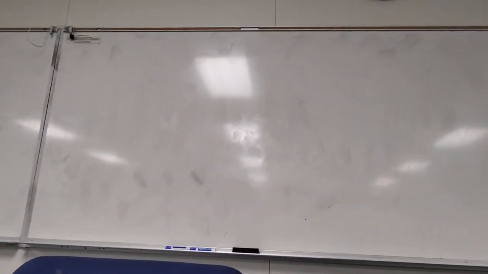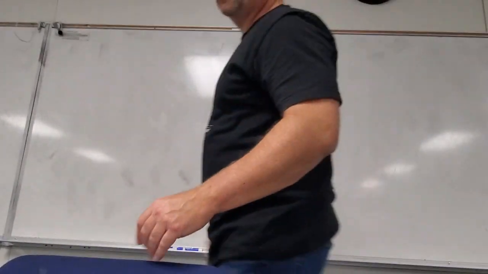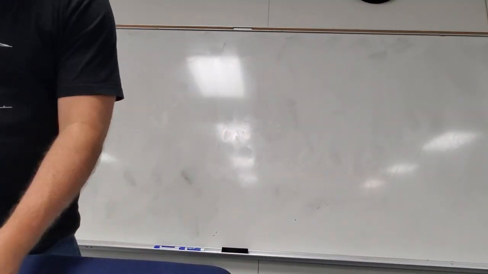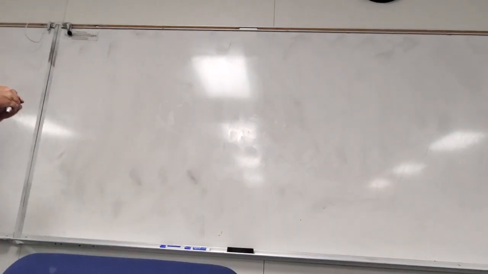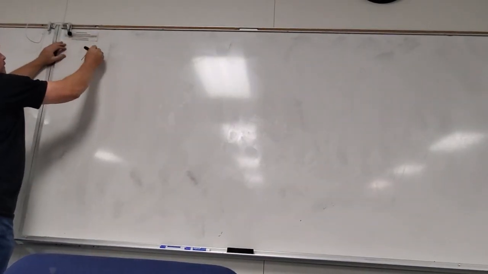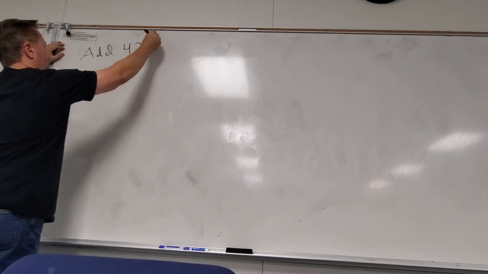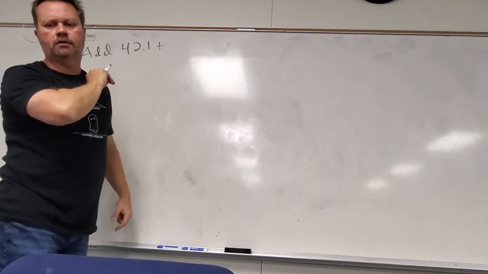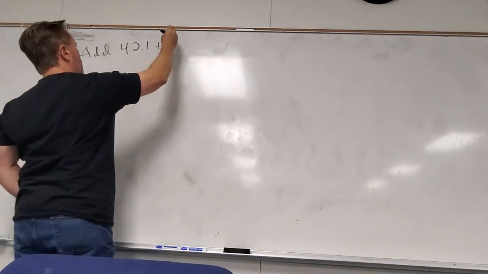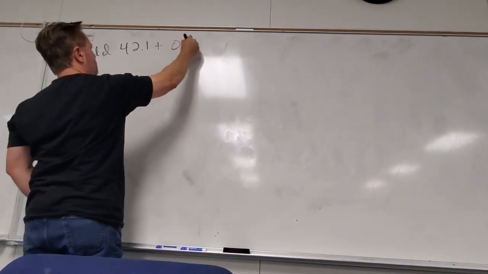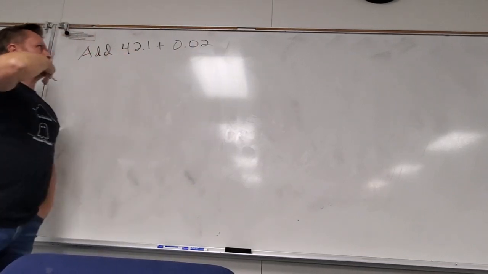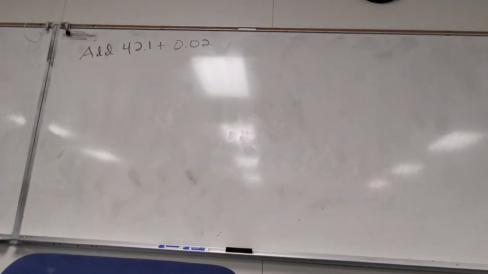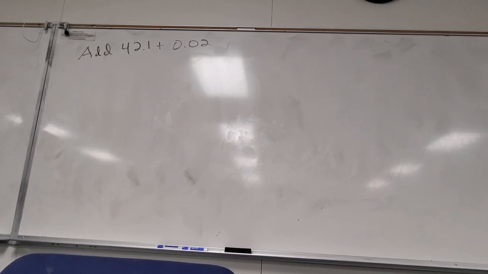But last time we did a couple of things that come out of 7.2. One of those things was, if I wanted to add these two things, and I want to do it using fractions, that's basically what we just did, but we did it with division.